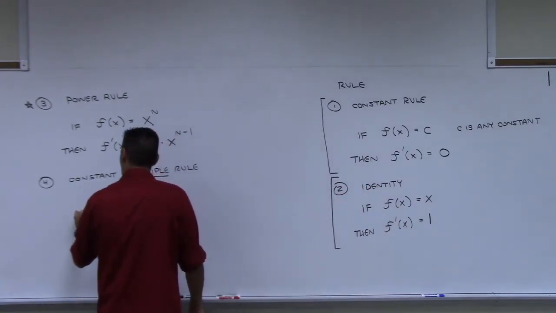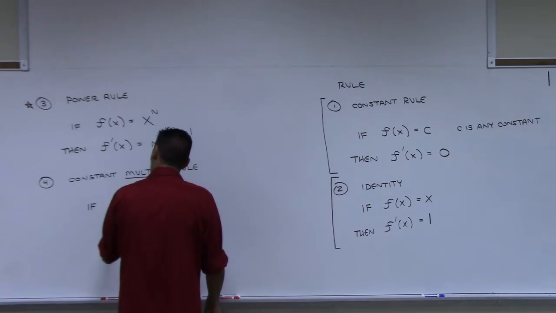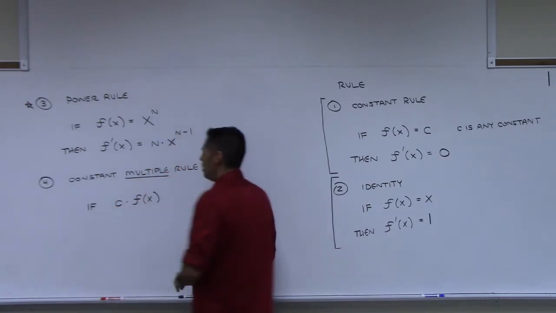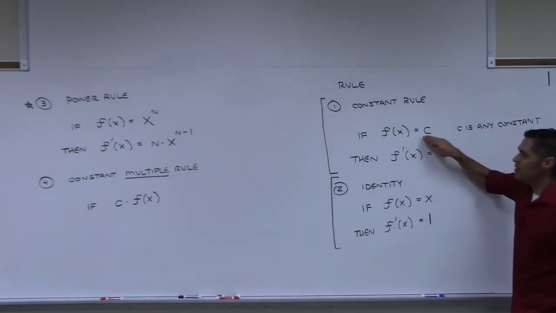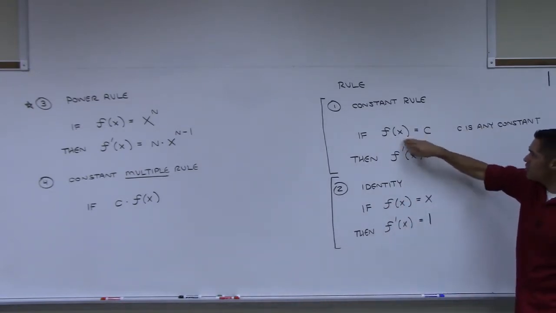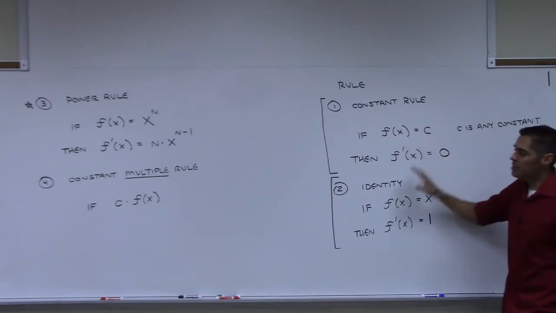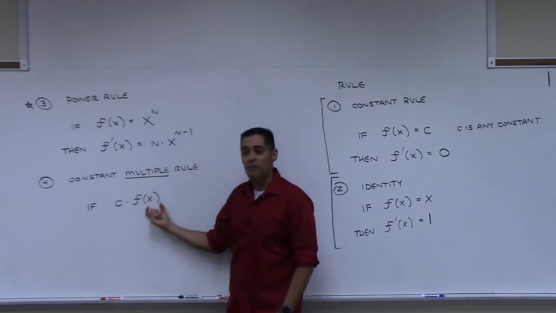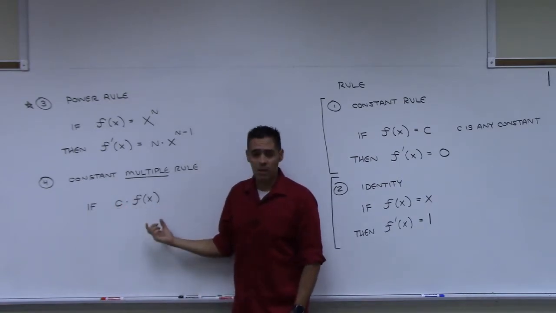Let's say you have some constant times some function of x. Here, wasn't it just the constant by itself? Just the function was just a constant. But this is saying, let's say you have some number sitting in front of a function, and you want to take the derivative. You okay with that?